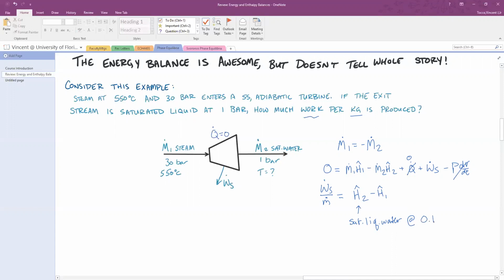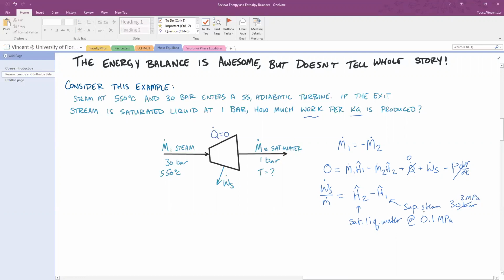So 1 bar is equal to 0.1 megapascals. Another way to remember that is 1 bar is 10 to the 5th pascals, and a megapascal is 10 to the 6th. And then H1 is going to be our superheated steam, and that is at 30 bar, and dividing it by 10 is going to be 3 megapascals, and 550 C.